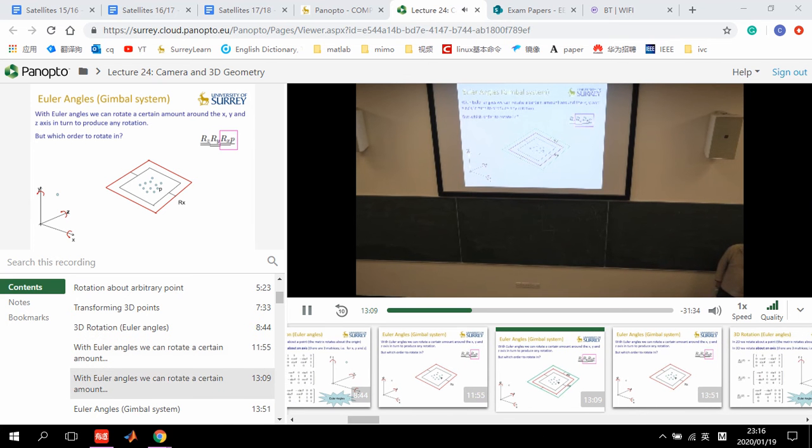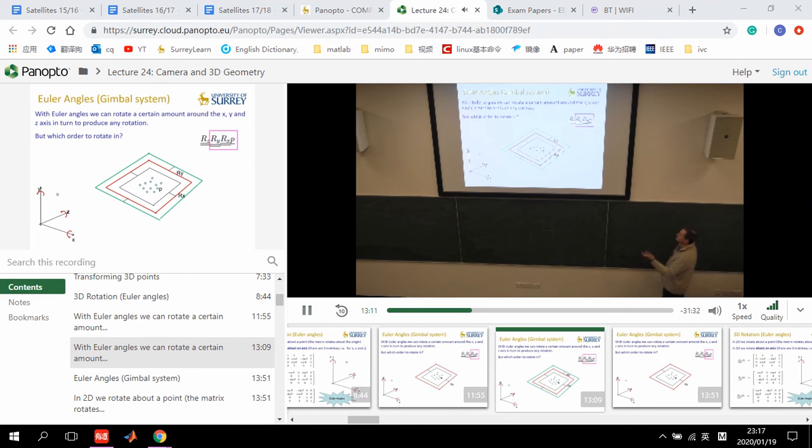Now, I said that we would compose these transformations in some order. The order I've chosen is this, and the next one we're going to do is to rotate those points about the y-axis. So imagine creating another metal frame, this green frame, that has another set of pivots on it that are orthogonal to the pivots on the x-axis.